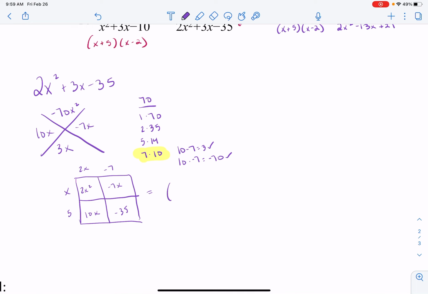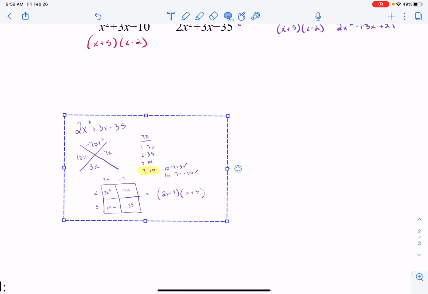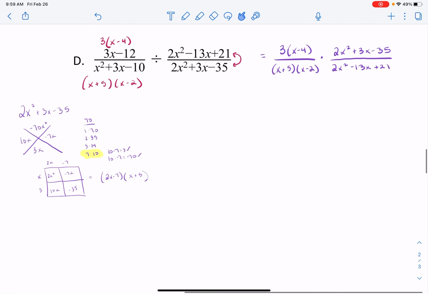So we've got 2x minus 7 times x plus 5. So we got that first one done. Good. Okay, so we can even make a little note over here if we'd like to, that this is 2x minus 7 times x plus 5.